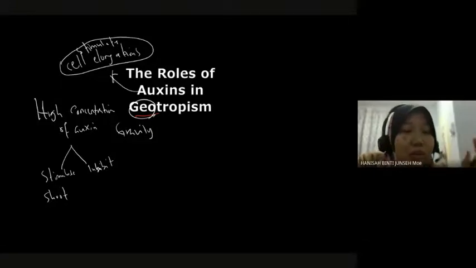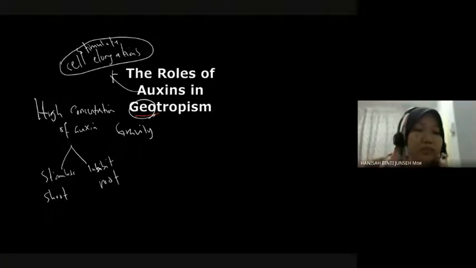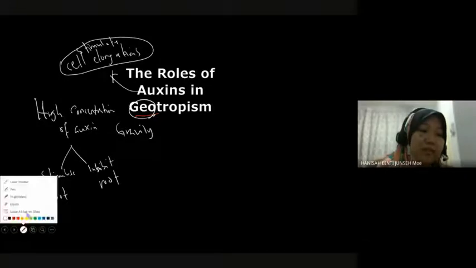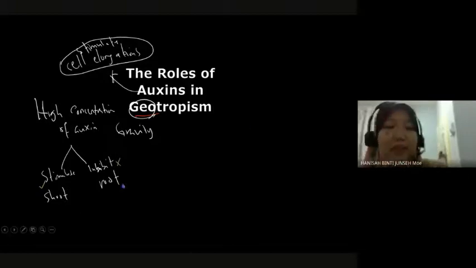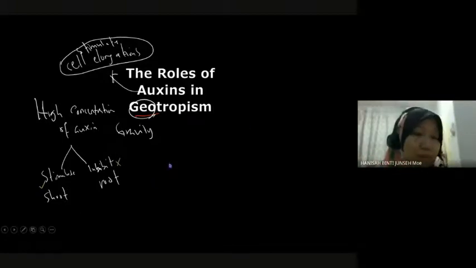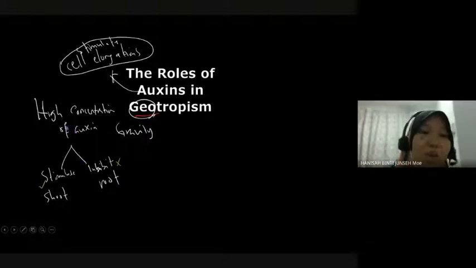Tapi kalau tinggi auxin, it will inhibit the cell elongation of the root. Okay. So maksudnya ini. Okay, nanti kita tunjuk lebih detail apa maksud ayat ni. And then what else? Okay. So with this idea, high concentration will inhibit the cell elongation in roots.